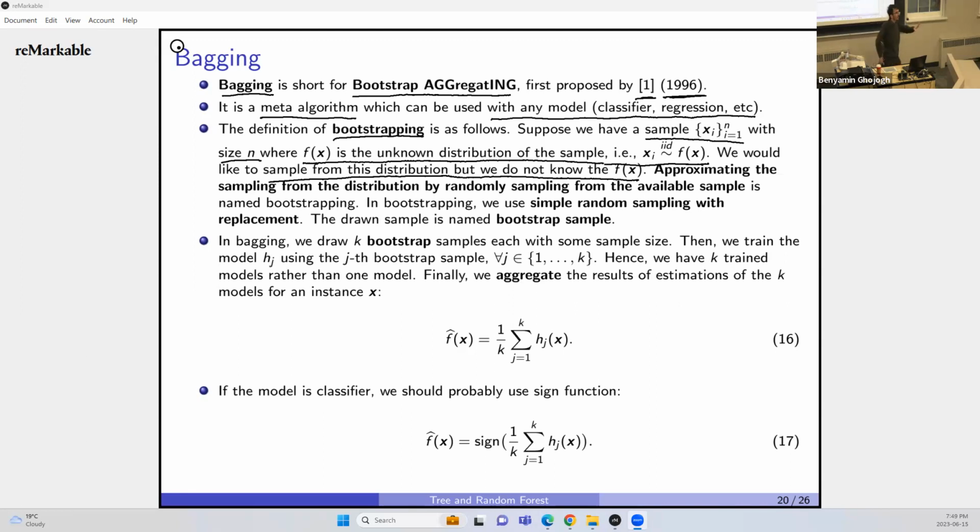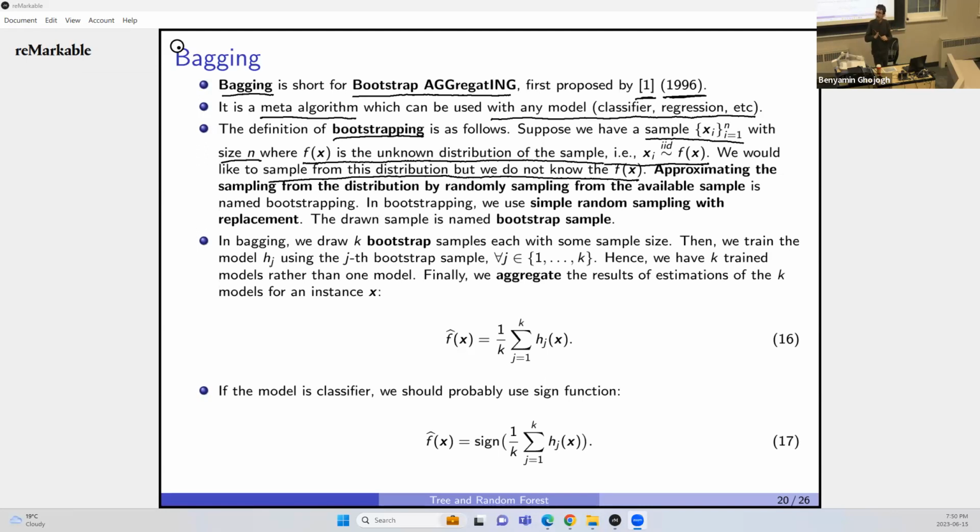If I know the PDF, I can simply sample from the distribution easily using the cumulative distribution function. For more information, see my tutorial on sampling algorithms. There I have explained how we can sample from the inverse CDF of the distribution.